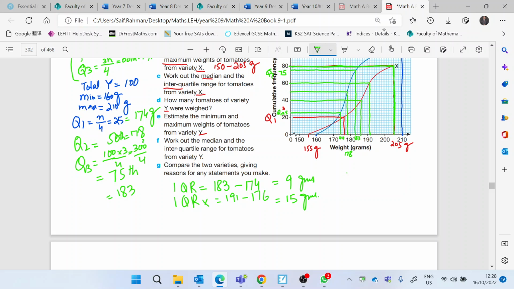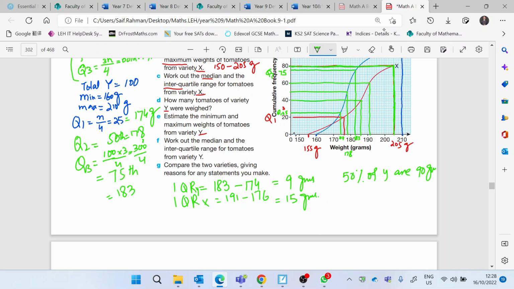Compare the two varieties giving reasons for any statements which you make. So for Y, the IQR is 9 gram. That shows that the values in Y are very compact. The 50% of Y are within 90 grams.